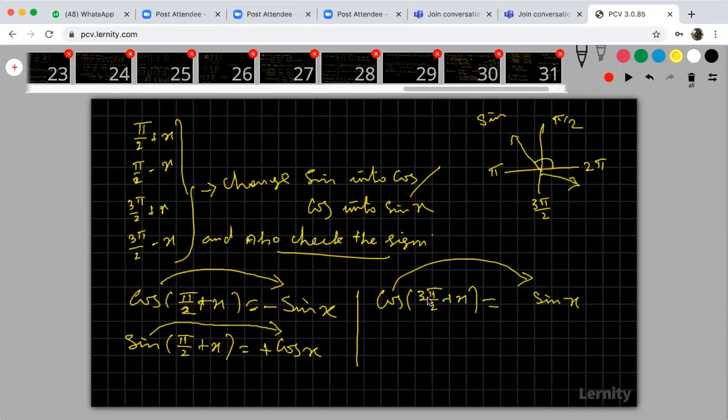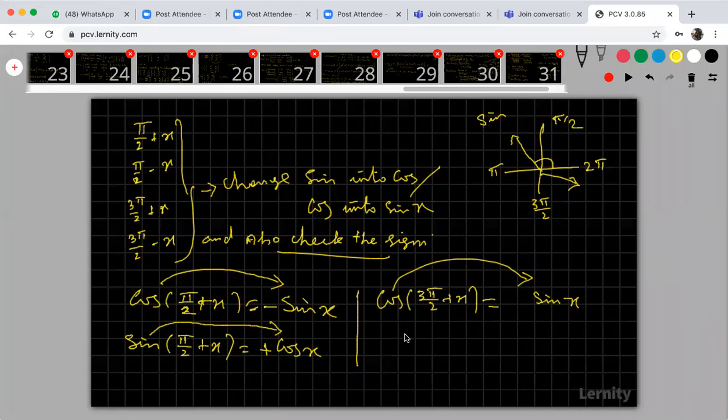In fourth quadrant, cos is plus. So therefore, the value of cos of fourth quadrant angle is plus. Are you okay?